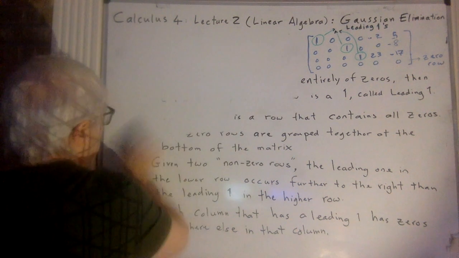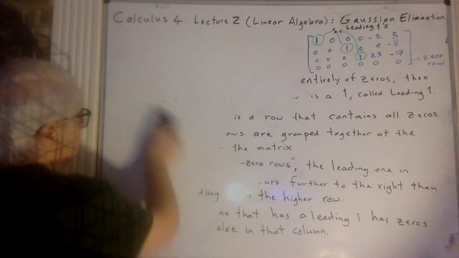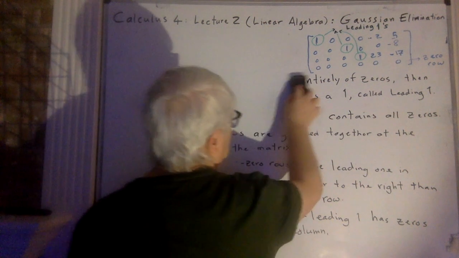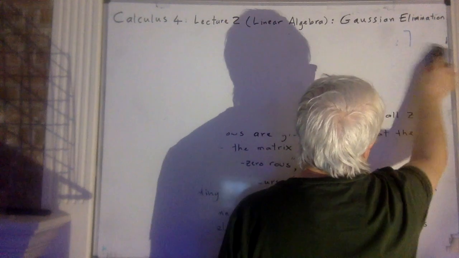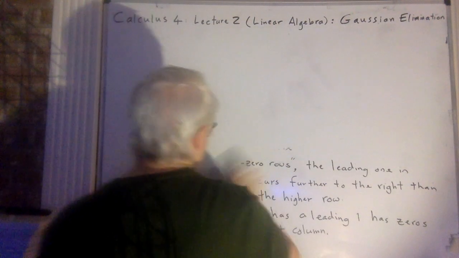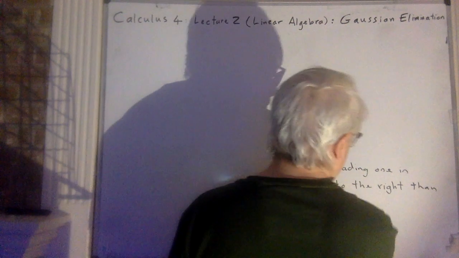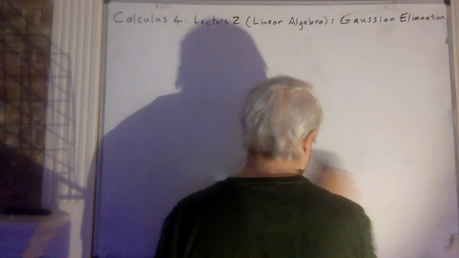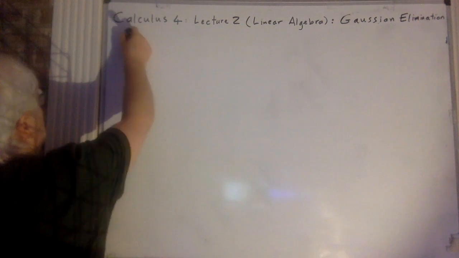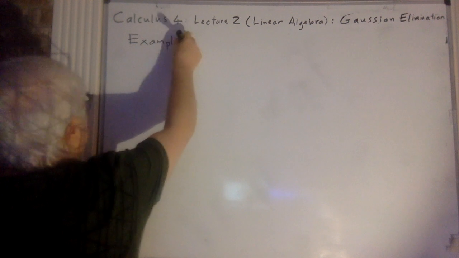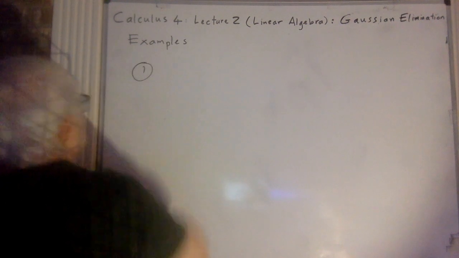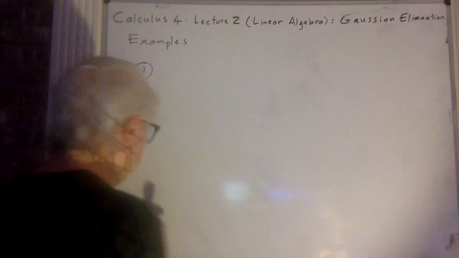Let me give an example here. First of all, matrices in reduced row echelon form.